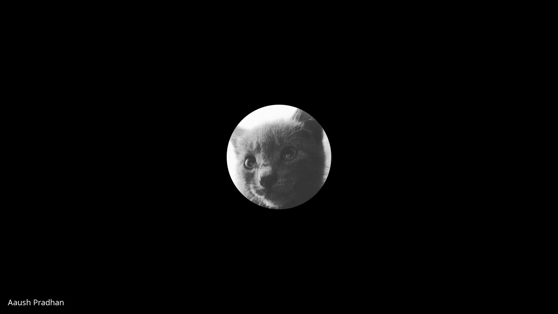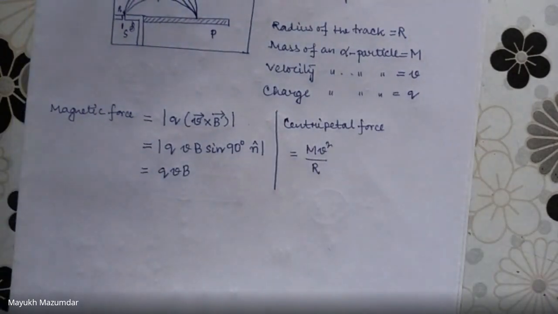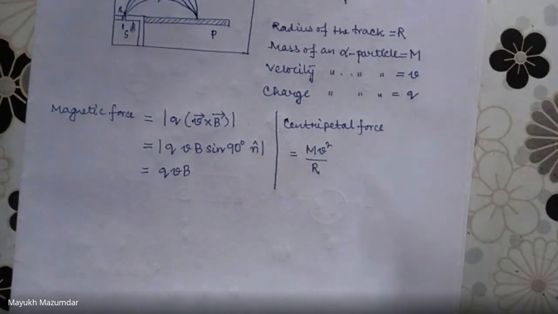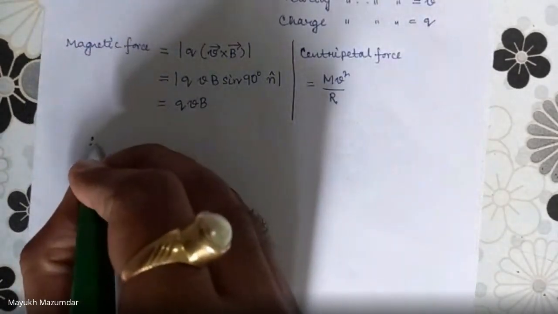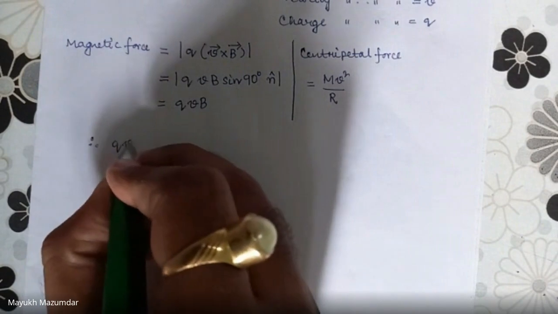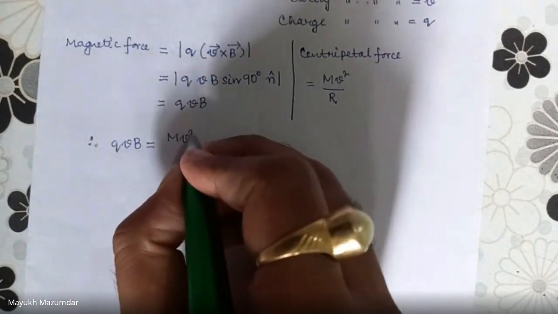Yes, sir. So now see, why is it rotating? Due to the magnetic field. That is, due to rotation, it is experiencing a centripetal force, which is nothing but the magnetic force. Therefore, we can write that qvB is nothing but mv square by r.